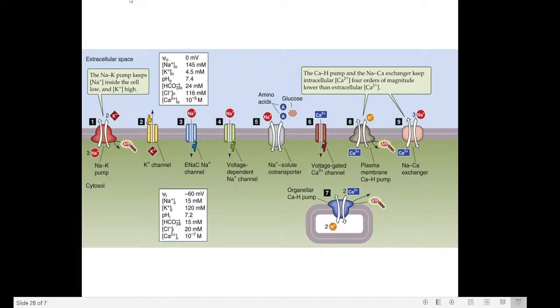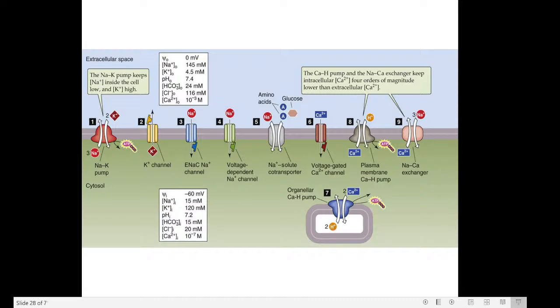The bicarbonate concentration is also very important in cell signaling, because the concentration needs to be maintained based on glucose transport.